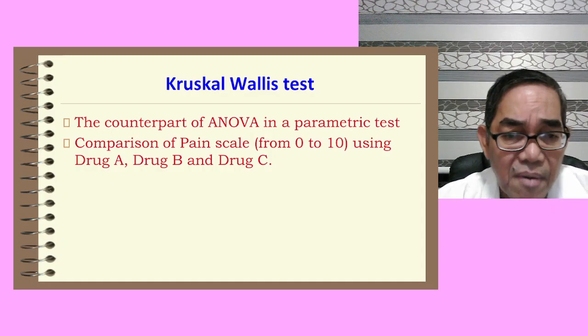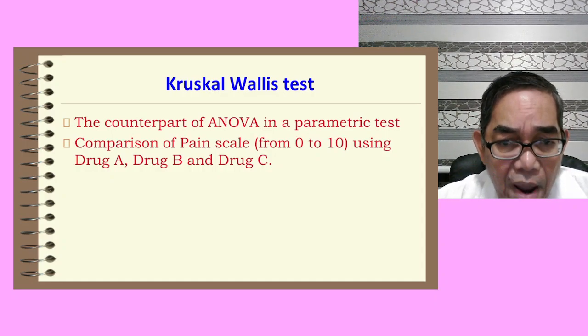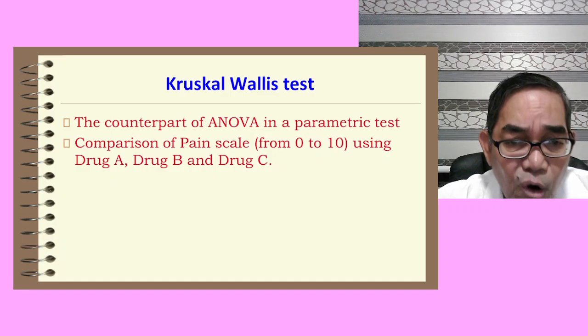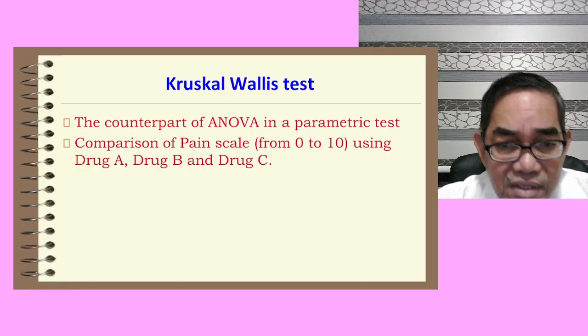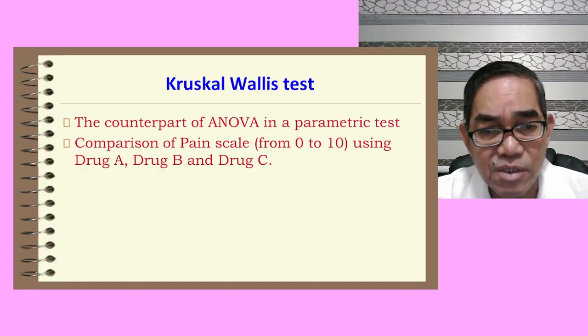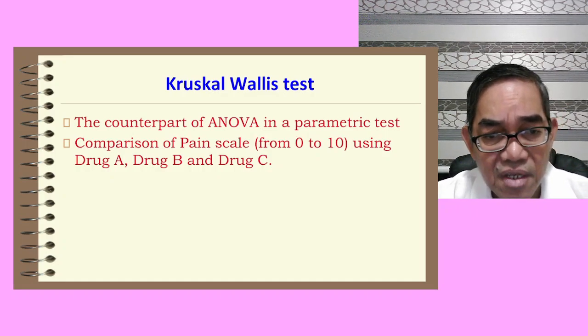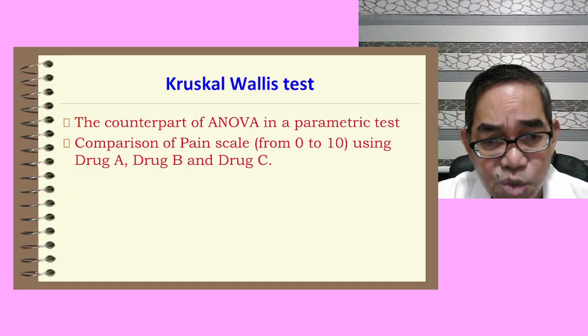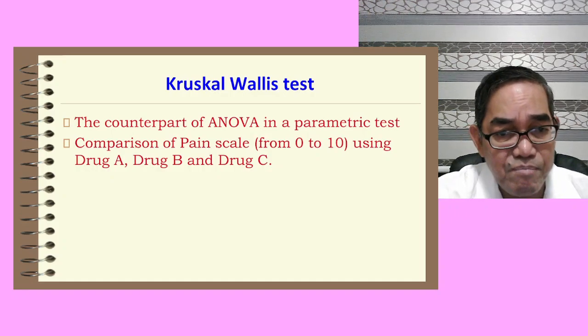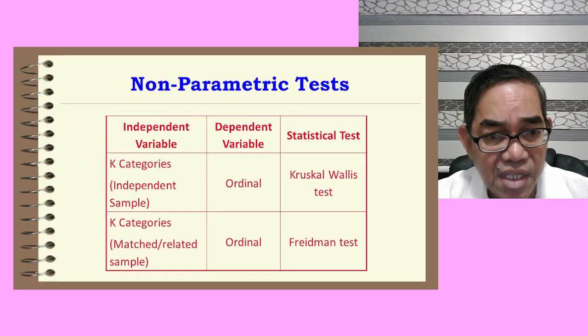Let's give an example. Kruskal-Wallis is the counterpart of ANOVA in a non-parametric test. So in a non-parametric test, it should be Kruskal-Wallis, but if it is a parametric test, we use ANOVA.